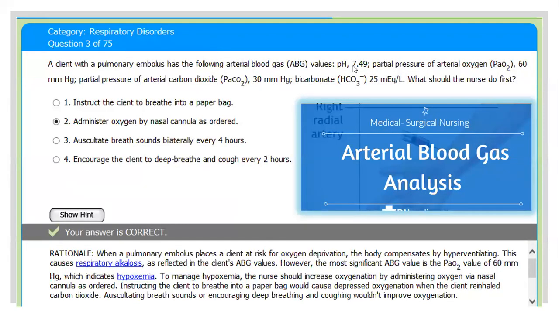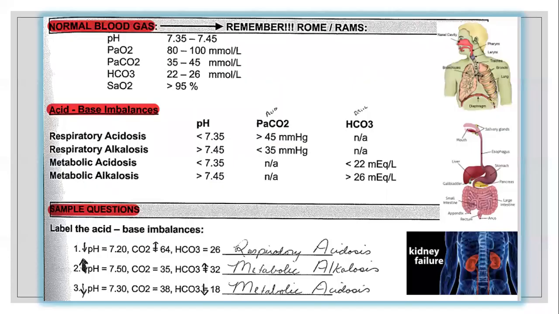Here, what? 7.49, right? It is more than 7.45, which means it is alkaline. So if it is alkaline, it is either metabolic alkalosis or respiratory alkalosis.